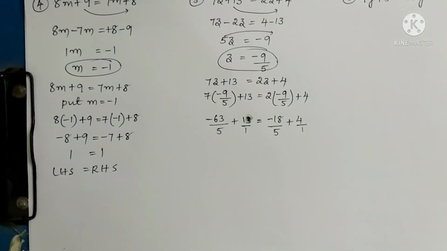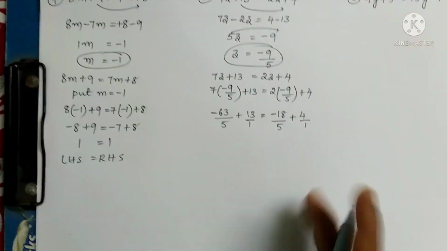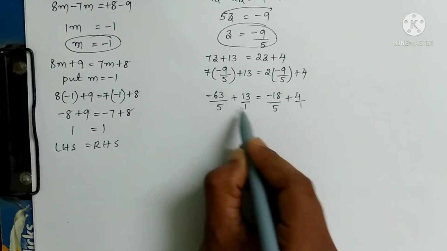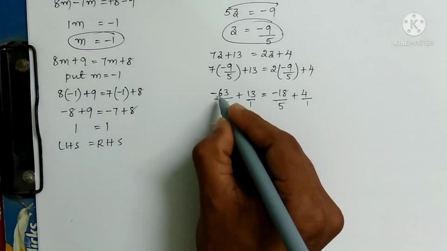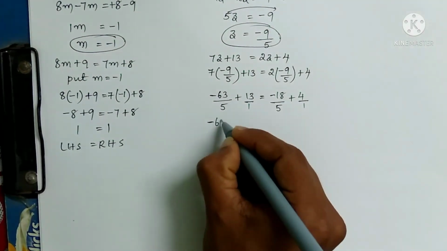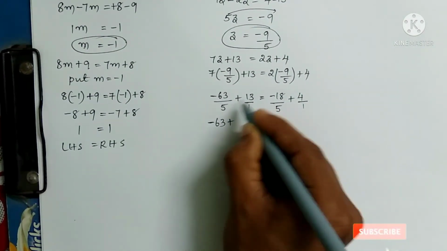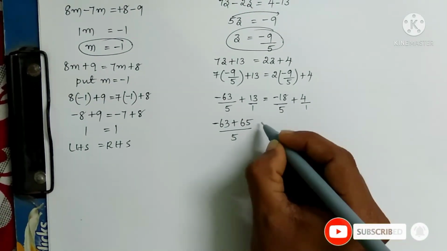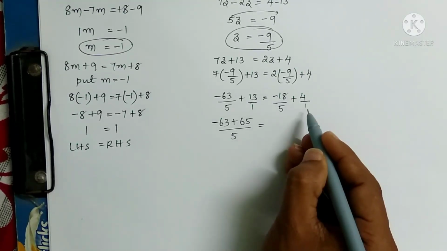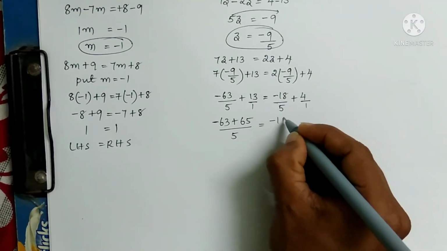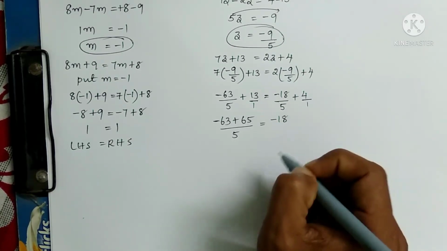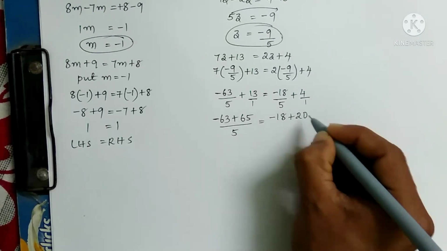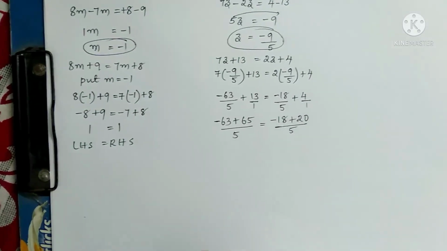So what is the LCM on both sides? Minus 63 by 5 plus 13 by 1. The LCM is 5. Now I can cross multiply this. Minus 63 into 1 is minus 63 plus 13 fives are 65, divided by 5, which is equal to minus 18 into 1 is minus 18 plus 4 into 5 is 20, divided by 5.